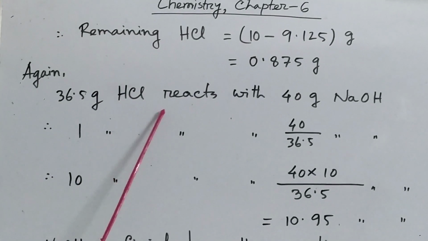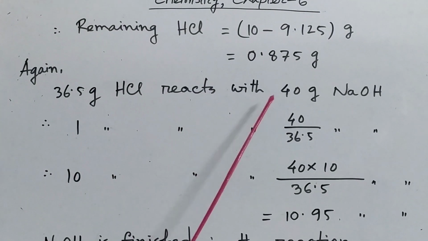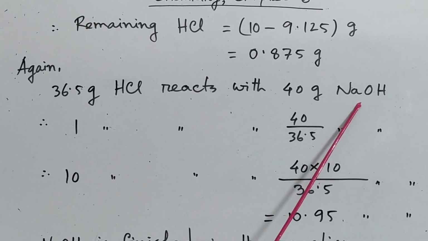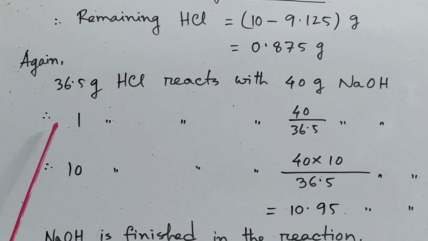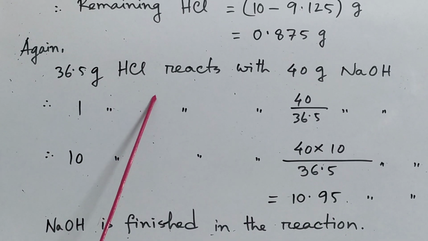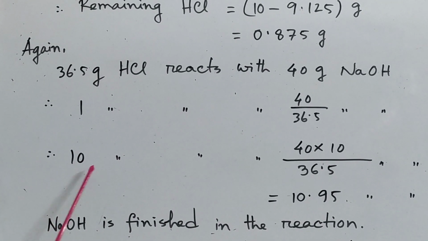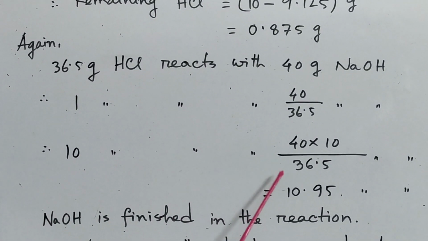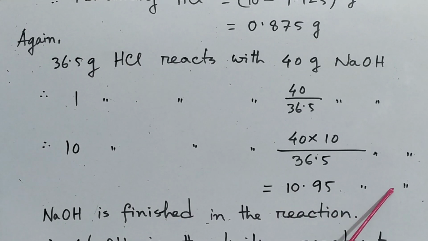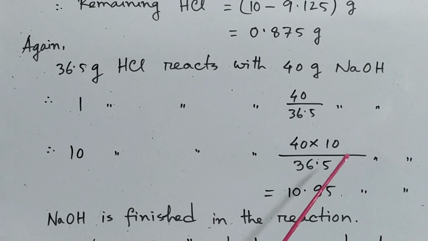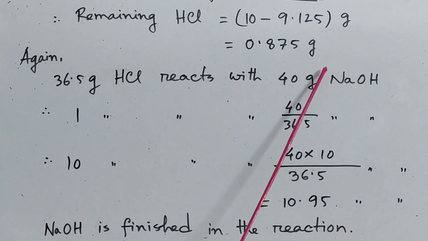Now, again, 36.5 gram hydrochloric acid reacts with 40 gram sodium hydroxide. Therefore, 1 gram hydrochloric acid, therefore 10 gram, because 10 gram is given in the solution. So, it is 10.95 gram sodium hydroxide is needed, but in the reaction it is given 10 gram.